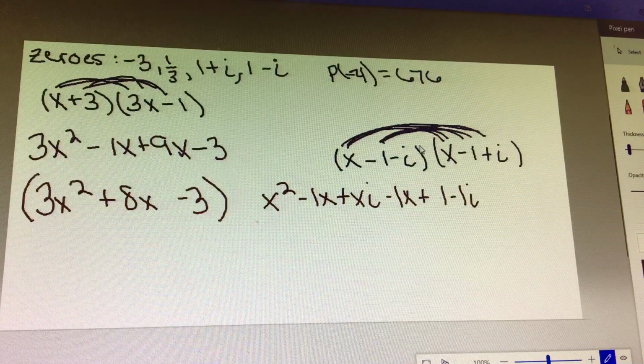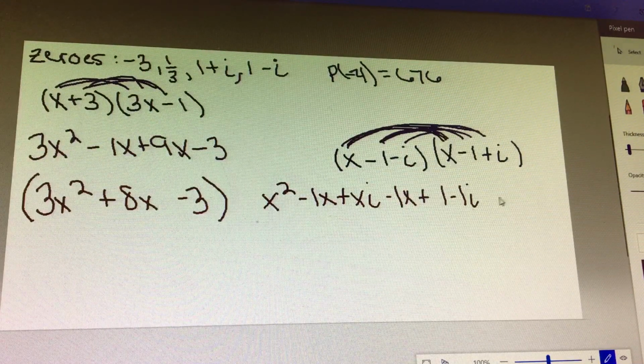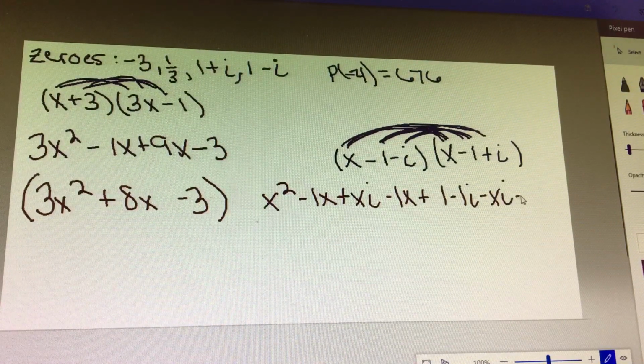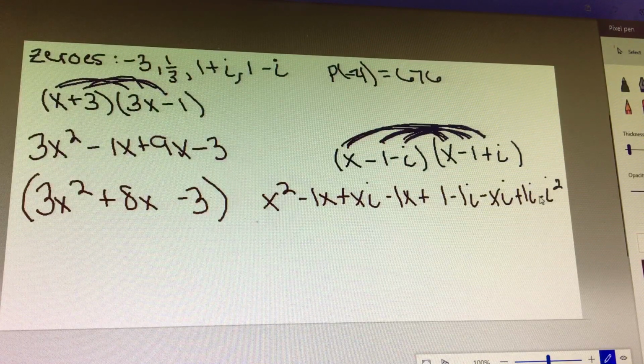Then my third term, -i times x is -xi, -i times -1 is positive 1i, and -i times i is -i squared.